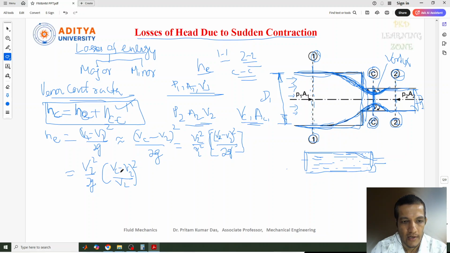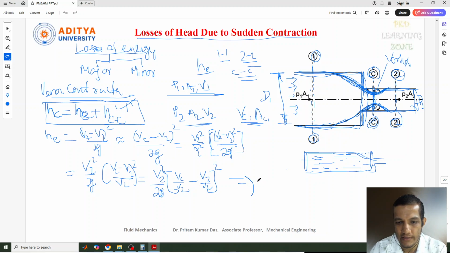Splitting it individually, this is V2 square by 2G, and in the bracket we get VC by V2 minus V2 by V2, whole square. V2 by V2 is nothing but 1, and here we write VC by V2 as it is.